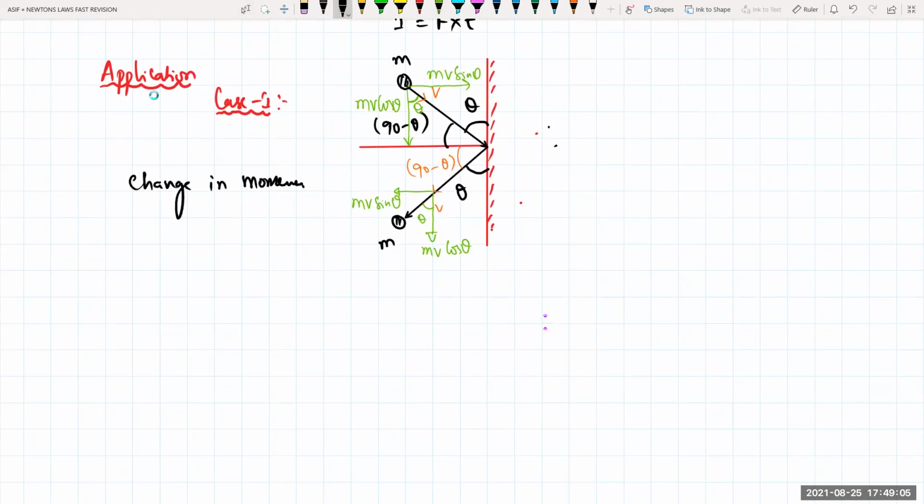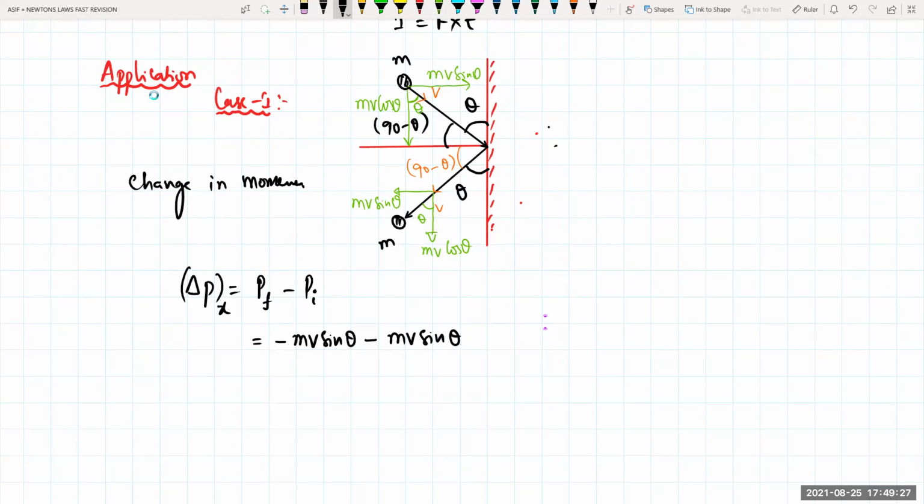So what do you mean by impulse? Impulse must be nothing but change in momentum. So change in momentum, delta p, is equal to final momentum minus initial momentum. For the x-axis, what is the final momentum? It is minus mv sin theta. The initial one is positive mv sin theta.